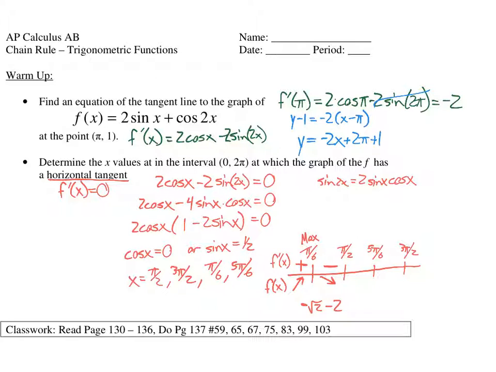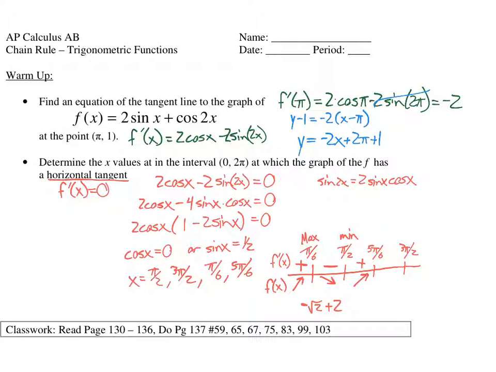And then when we did sine of 2 times 3 pi over 4, that would be the sine of 6 pi over 4, or 3 pi over 2, which is a negative 1. So that would actually make this a plus 2. Okay, so that one would end up positive. Alright, so that means we have a minimum point at pi over 2.